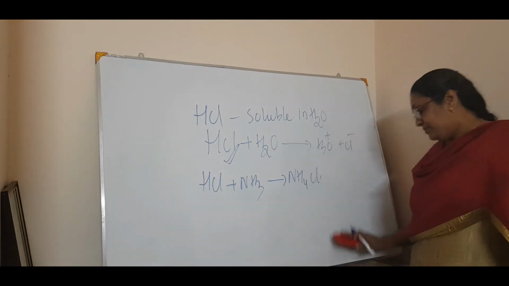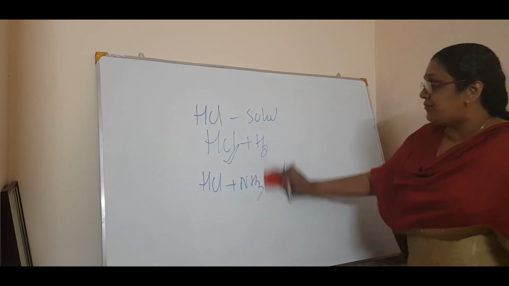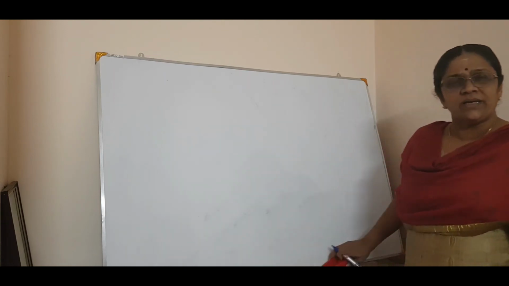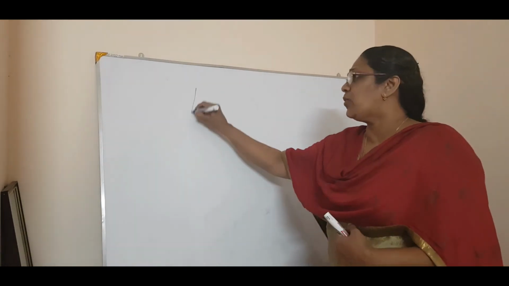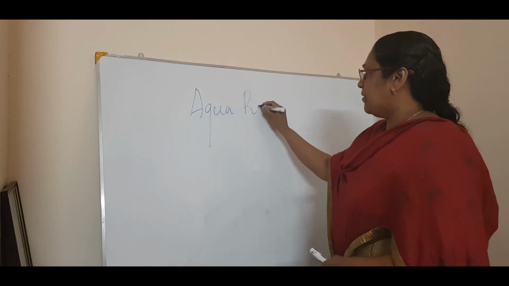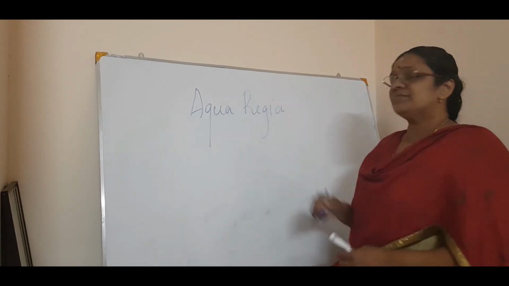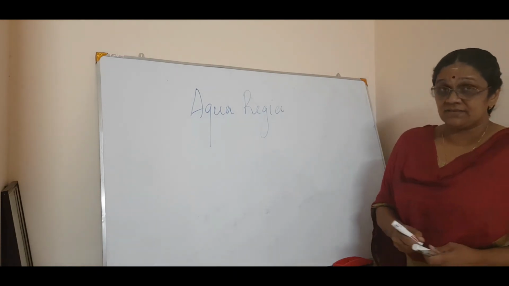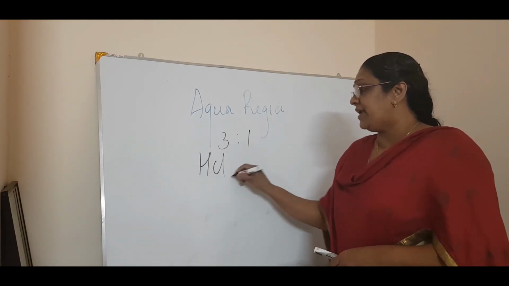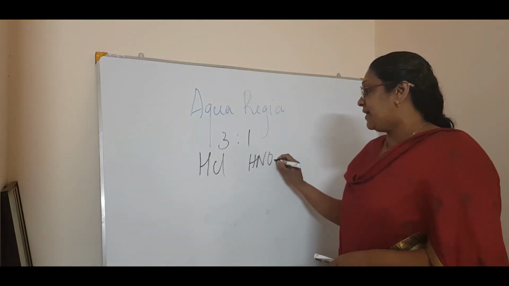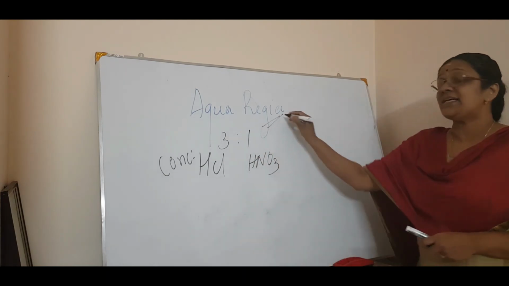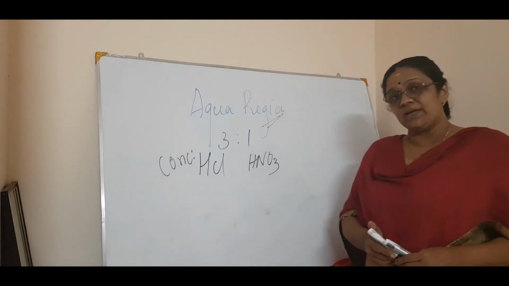Now one important use of HCl: have you heard of aqua regia? What is aqua regia? Aqua regia is concentrated HCl and concentrated HNO3 in the ratio 3:1. Do you remember that?